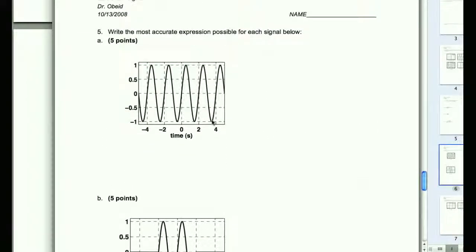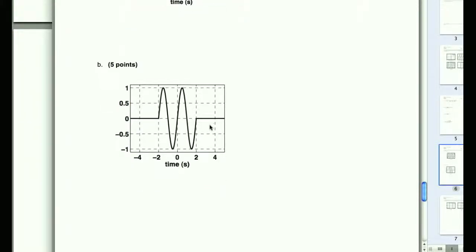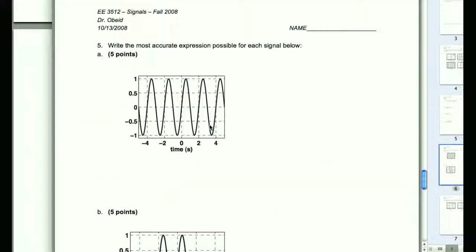And for B, that semester we were talking about the unit step function, the Heaviside step function, and that's where that comes from, but don't worry about it for now. A, it's going to be a sine, but with a negative pi shift. You can either write it as a sine, or as a cosine with a shift of negative pi. Either way, it's the same thing.